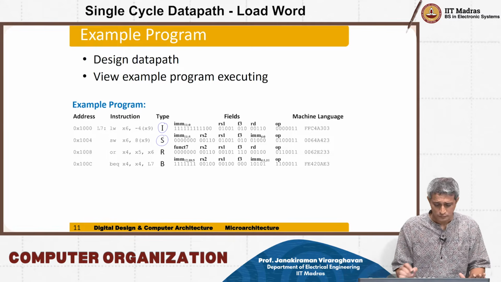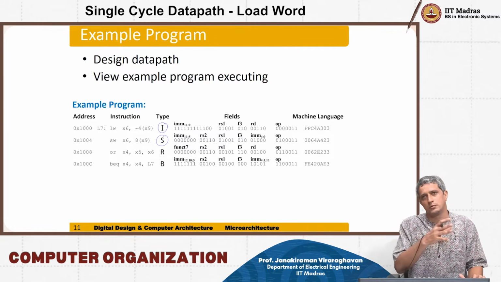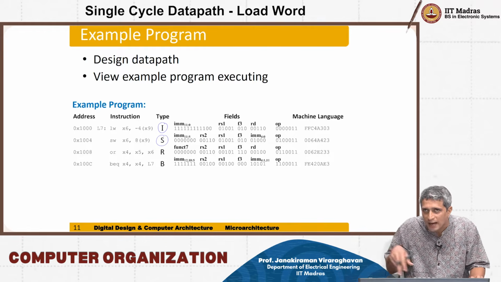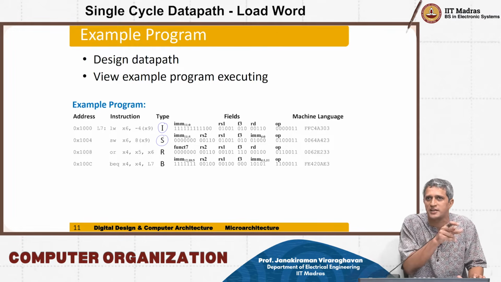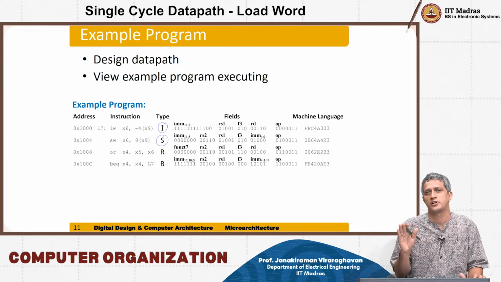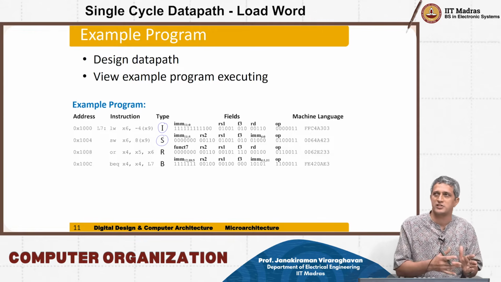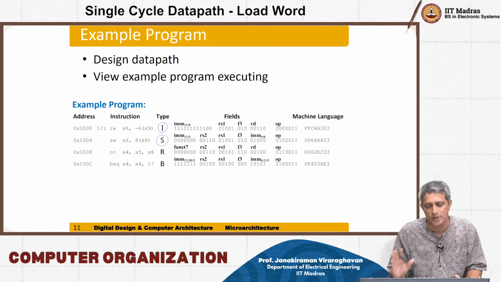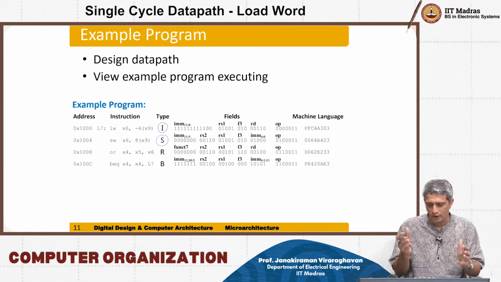Load word, for example, calculates an address and then comes back and writes into a register, so a destination register is needed. Store word has no destination register because you're taking the data from a register and putting it out into the memory, so that's a different type.